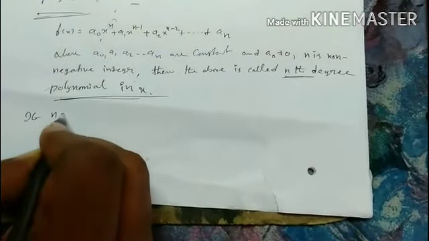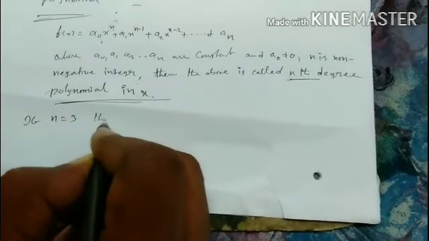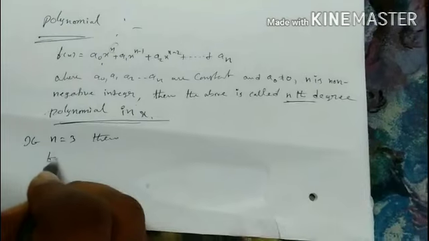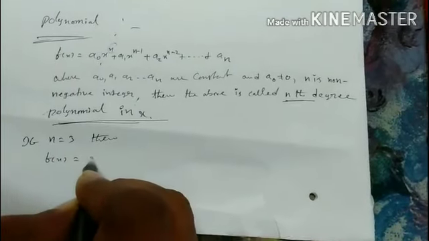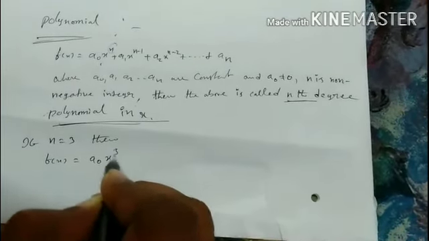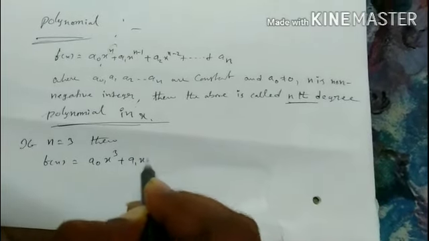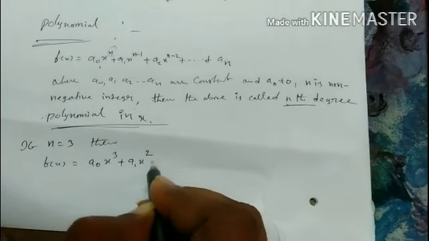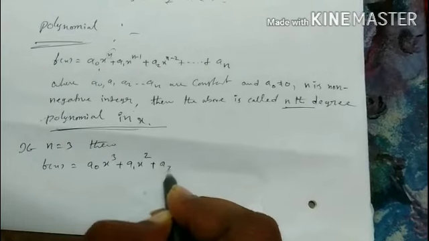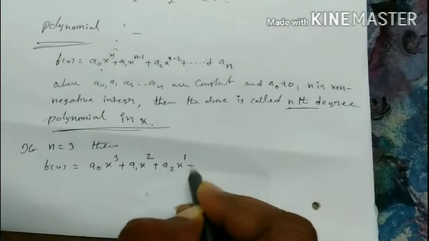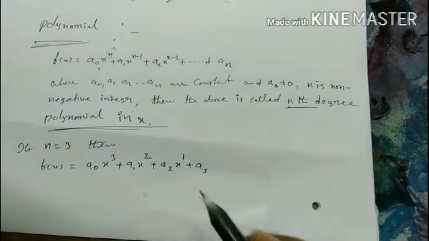Suppose we take n equals 3, then what happens? f of x equals a naught x cube plus a1 x power 2 plus a2 x power 1 plus a3.